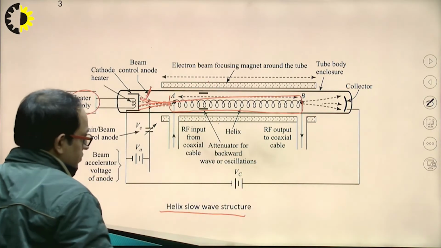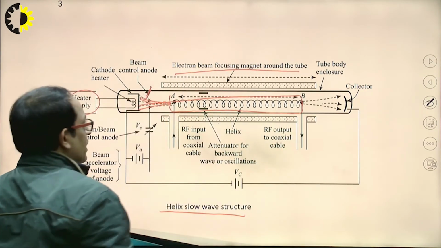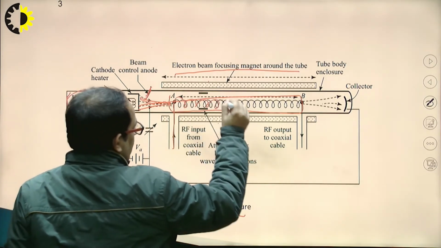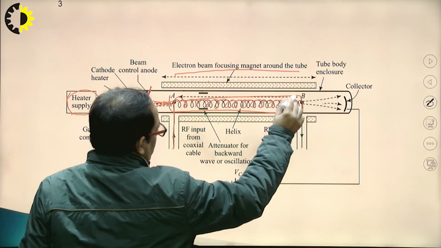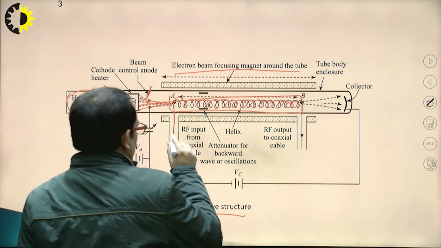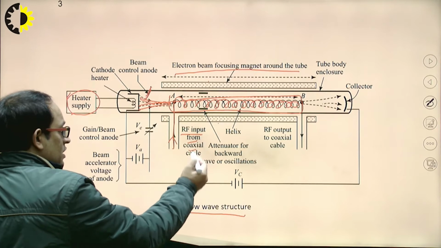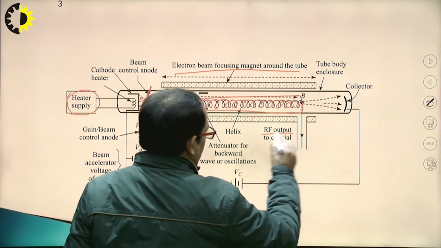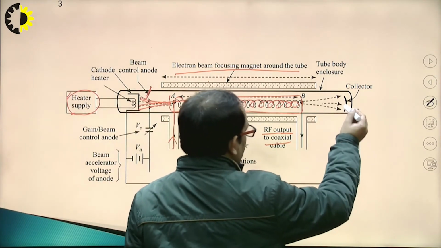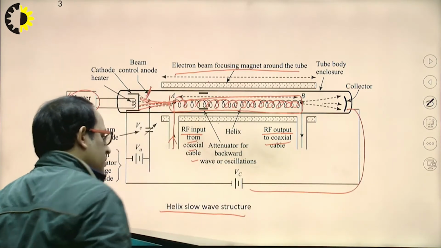These permanent magnets focus the electron beam around the tube, and in between there is a helix. The coil is in the form of a spiral, and one end of the helix acts as the RF input from the coaxial cable, and the other end acts as the RF output to the coaxial cable. And at the last, this is a collector which collects the electrons.